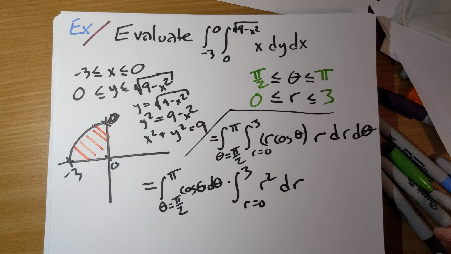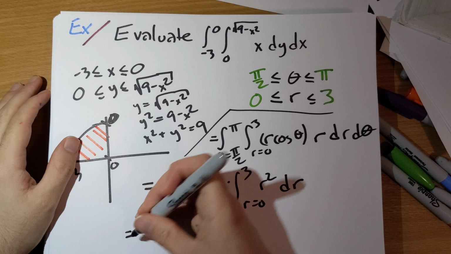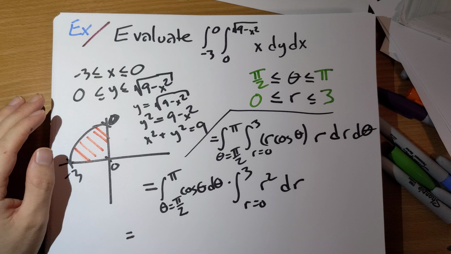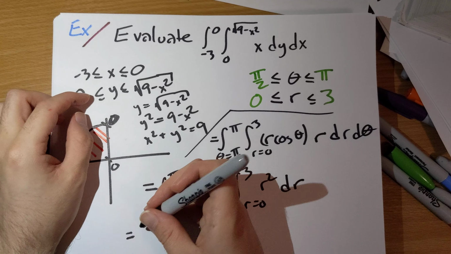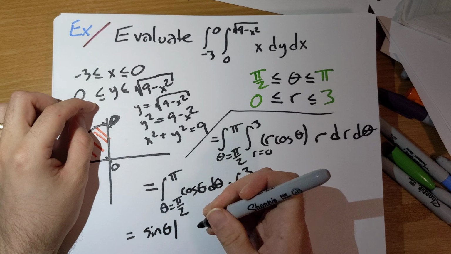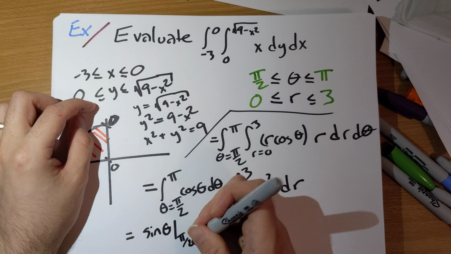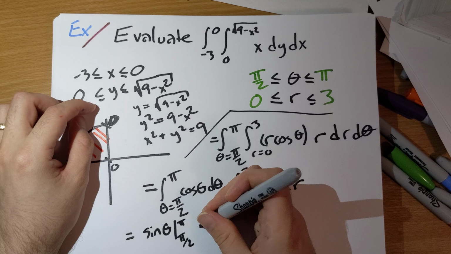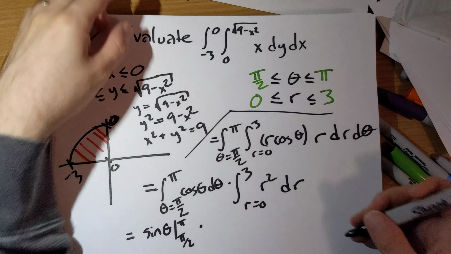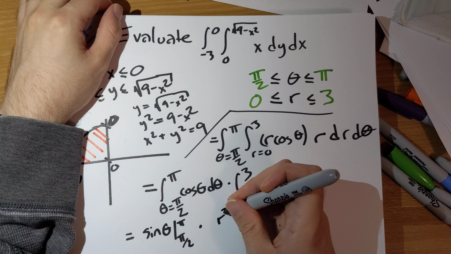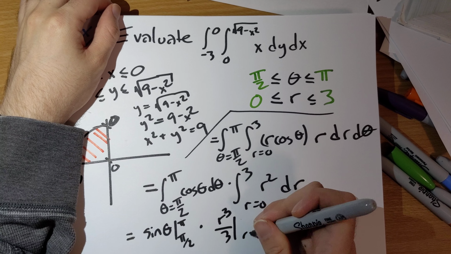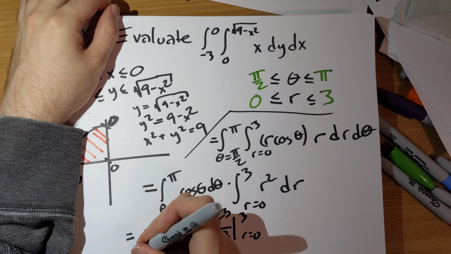So that's what allows us to get away with this. Antiderivative of cosine theta will be sine theta. Plug in pi over 2 to pi, times antiderivative of r squared, which is r cubed over 3. We'll plug in r as 0 to 3.